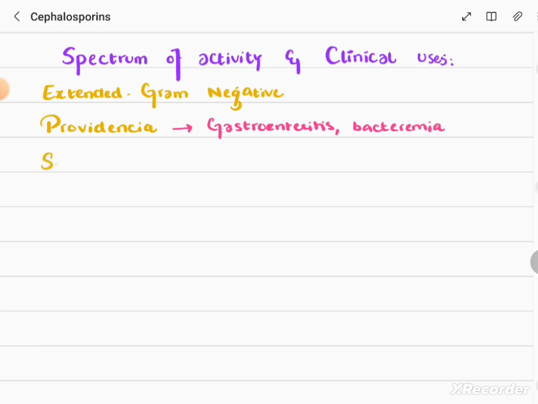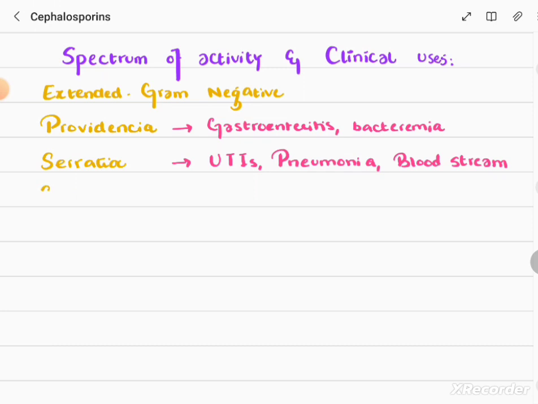They have activity against Serratia, which is very notorious for causing UTIs. It causes pneumonia, and it also causes bloodstream infections. So in all these situations, if the Serratia is sensitive to third generation cephalosporins, we'll use them in the treatment of urinary tract infections, pneumonia, and bloodstream infections caused by Serratia.